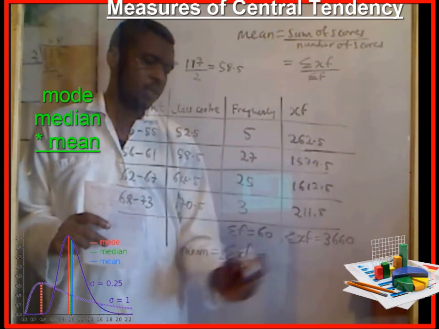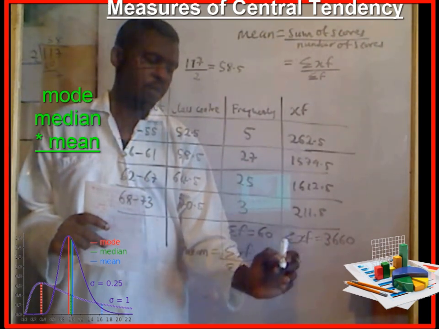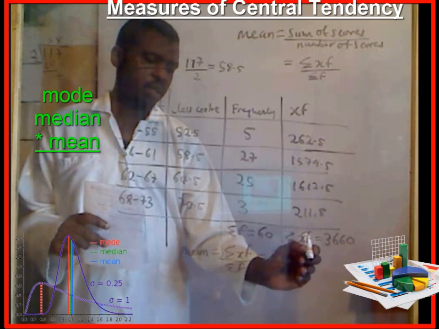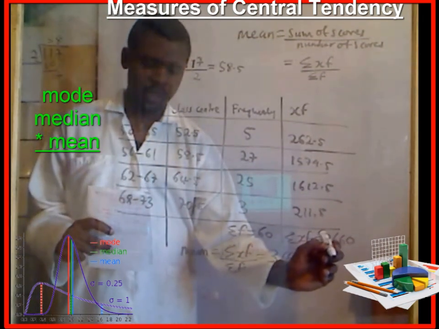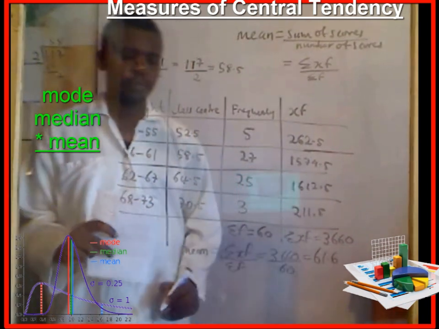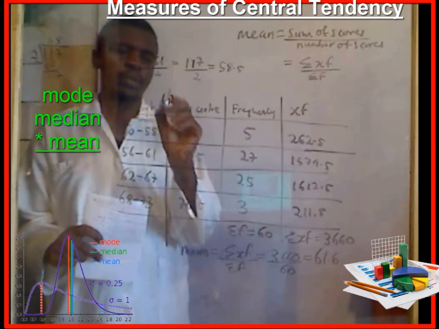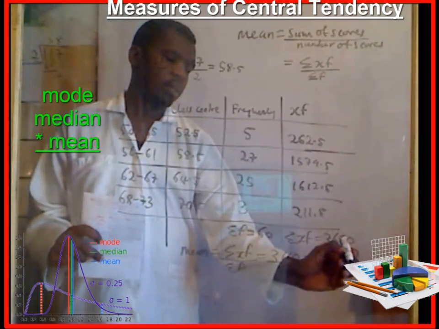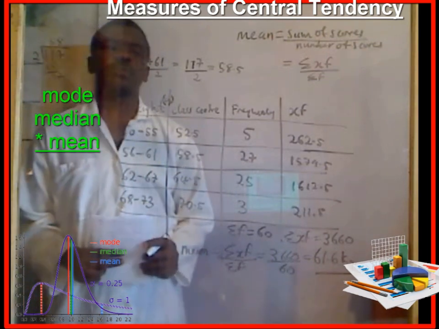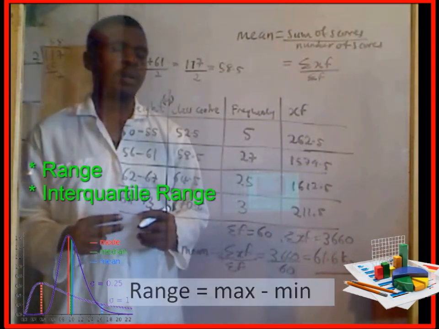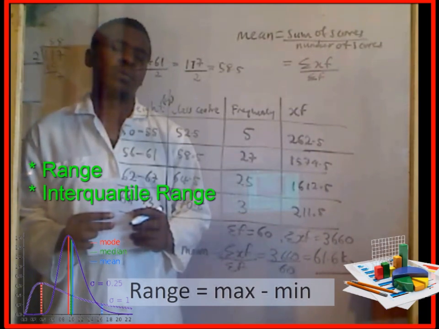So that will be equals to 3600 divided by 60. So that will be equals to 61.6. Let's say it was measured in kilograms. The answer will be 61.6 kilograms. So this is how we work out the mean of group data.